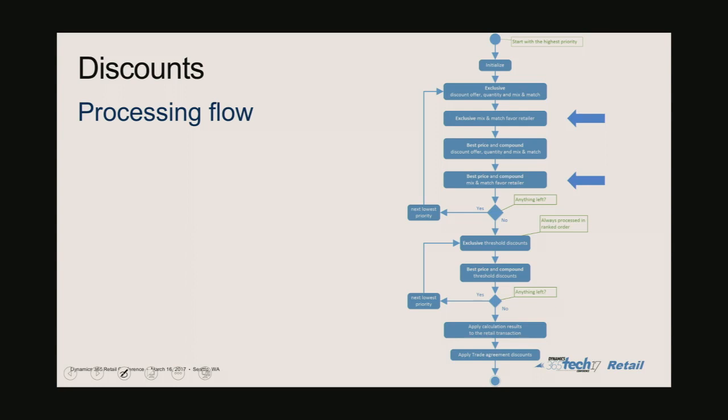So with 20-15-5, if you have 3 items, 20-15-5, buy one, get one free, right? Favor customer, you'll get the $15 one free. Favor retailer, you get the $5 one free. And the reason why they're in separate boxes is because that optimization is in the opposite direction of the rest of the price engine. So you can't do them together because they're going in different directions.